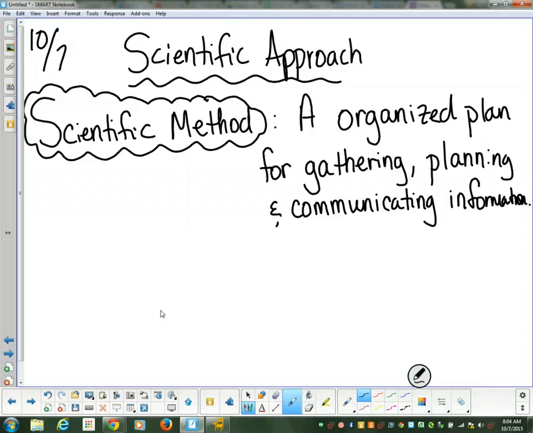Okay, so the scientific method is an organized plan for gathering, organizing, and communicating information.